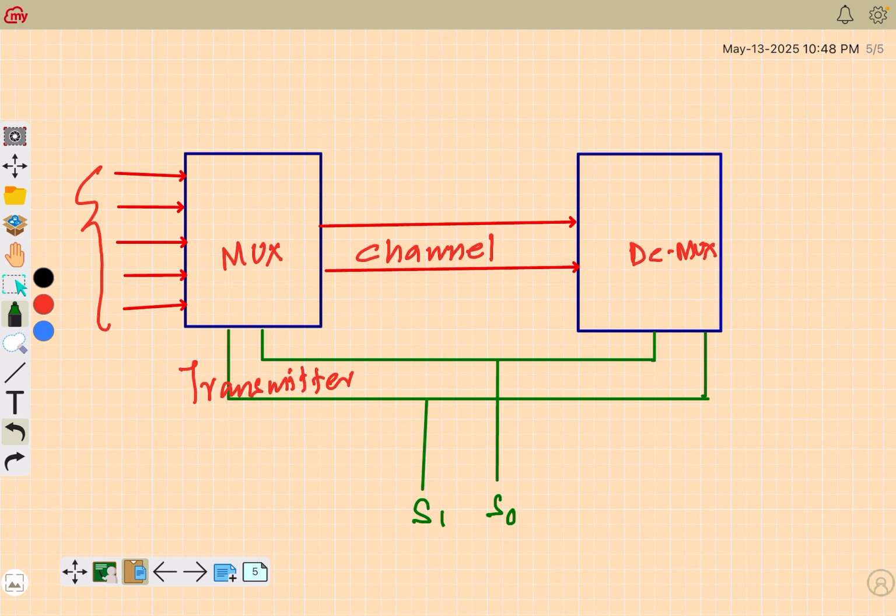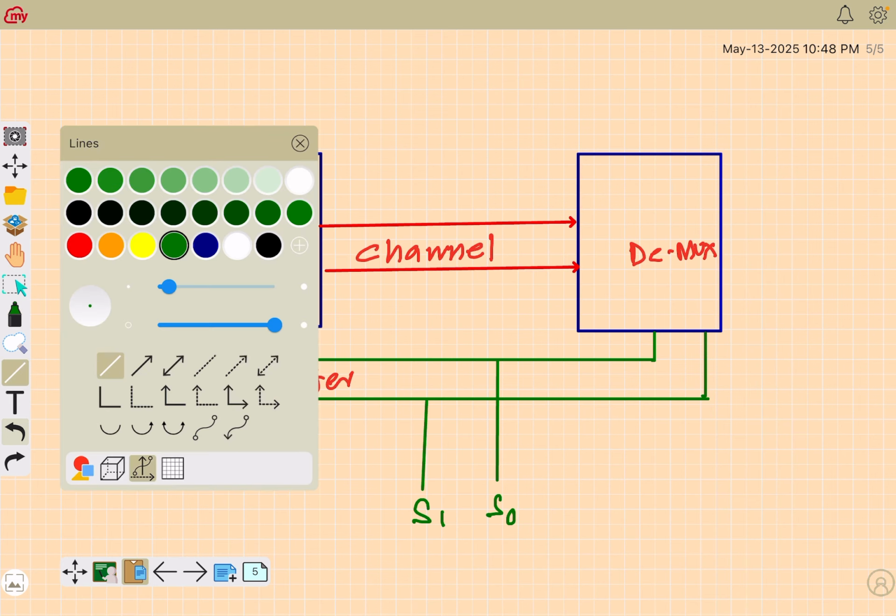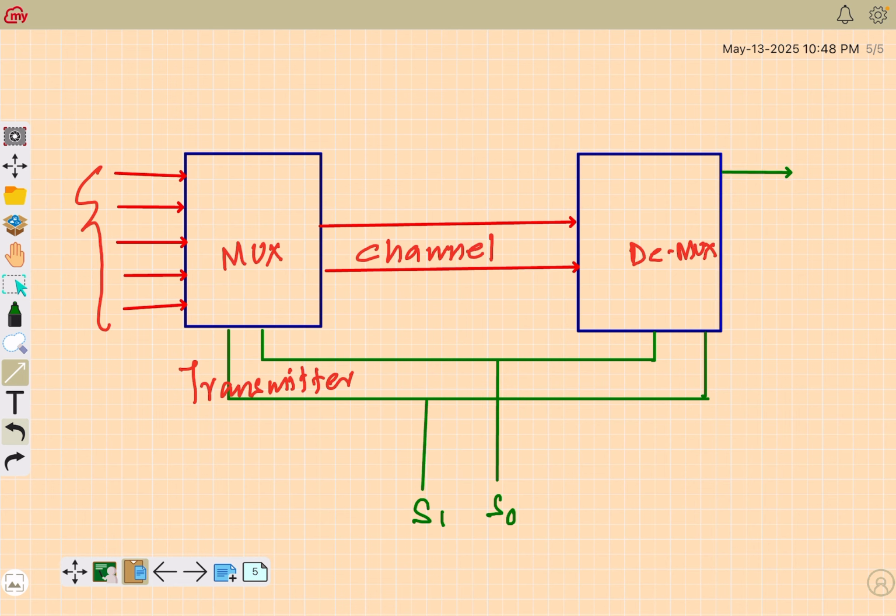And then since this is a demultiplexer, it will have outputs something like this. So the typical operation is, let's say S1, S0 is equivalent to 0, 0. Then this line will send its data. It will communicate through the channel.